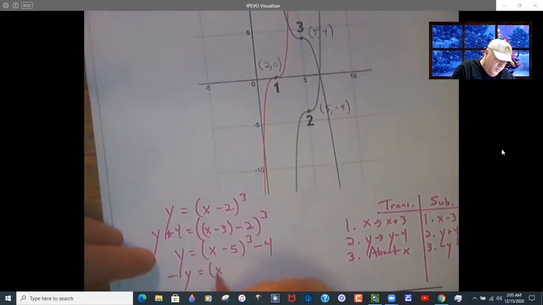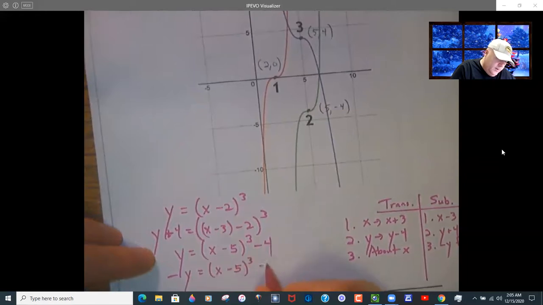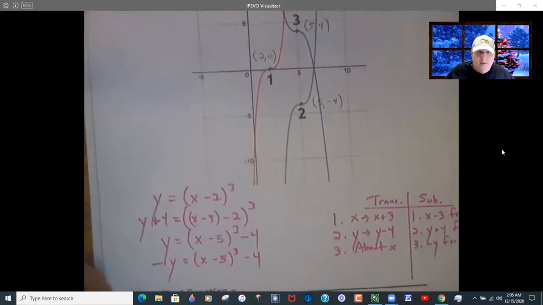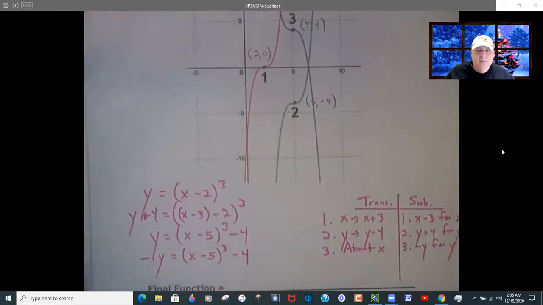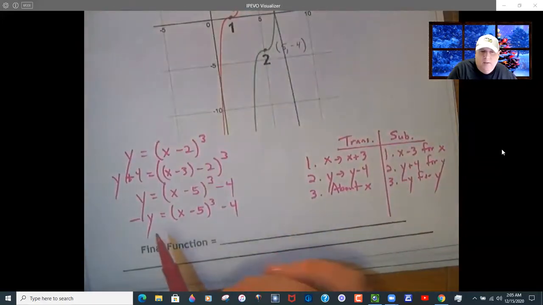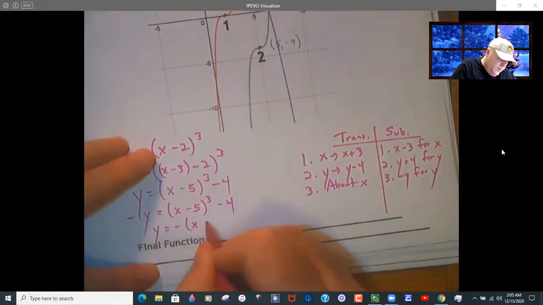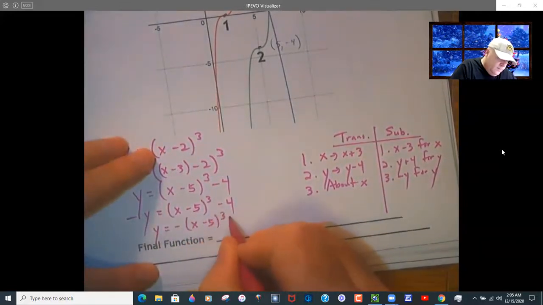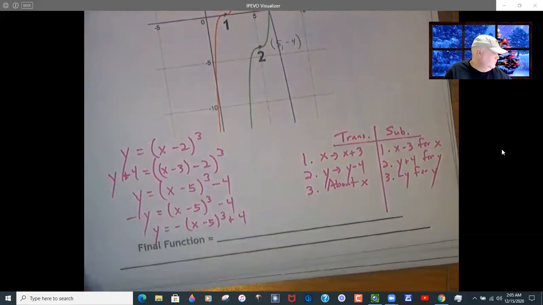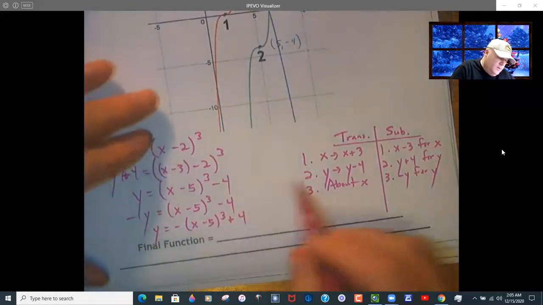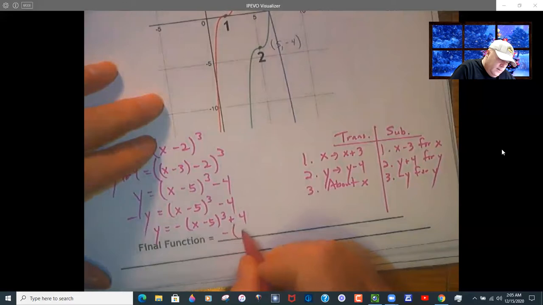And see, that's the whole reason I think I have a math career, is because I'm organized in my thoughts, my approaches to things. I can organize information. All right, so run the negative through and you'll have it. Don't put it inside the parentheses, to keep it in front. So negative x plus 5 cubed plus 4.